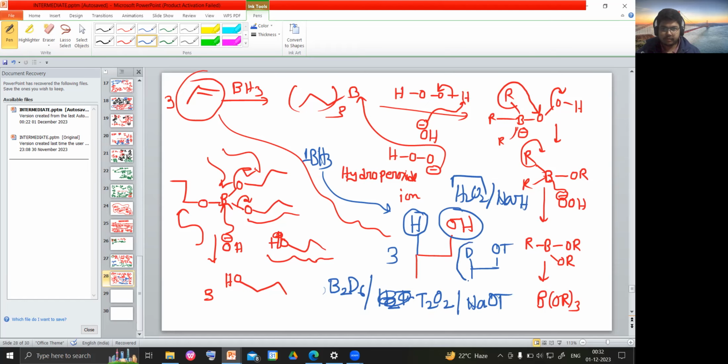DOT. Nowadays in examinations nobody asks the simple mechanism or the simple product. If you skip the reaction, you can simply tell the product, but the examiner will substitute the reagent with some heavier isotope. Then if you don't know the mechanism, you will not be able to solve that.